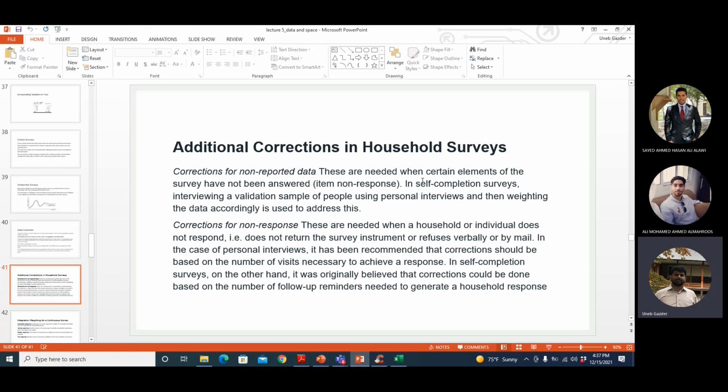When you were calculating the time of the survey and the sample size, you should also take into account that some people may respond only after more than one visit. You have to go after them.